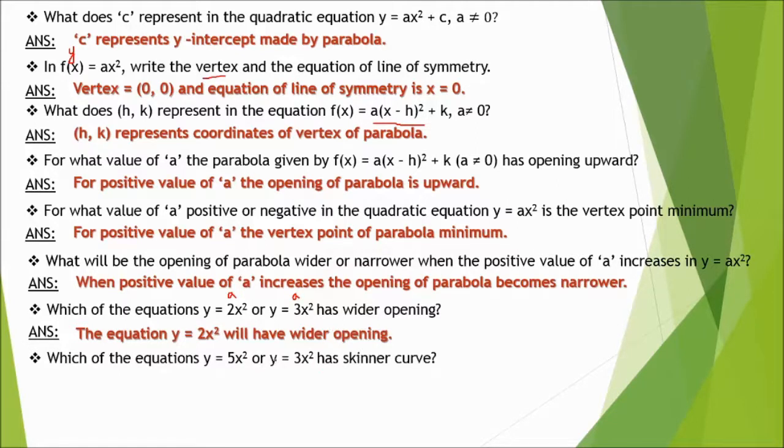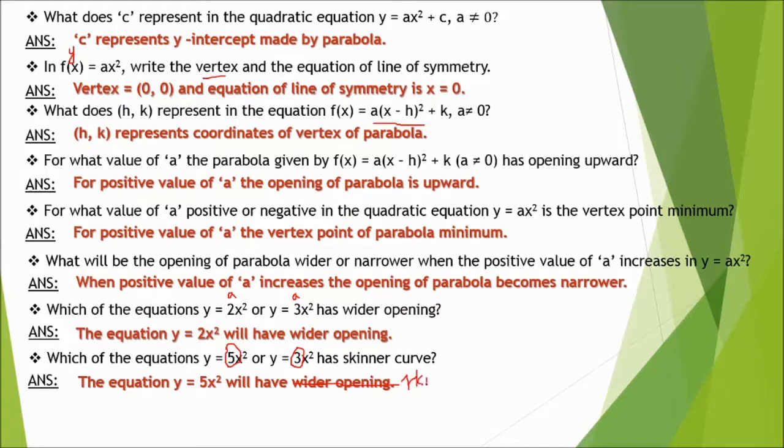Which equation has the skinnier curve, meaning a smaller, narrow opening? The value of a in this one is greater than in this one, so the first equation will have the skinnier, thin curve, narrower curve. Sorry, I copied the same answer from above by mistake; it will have the skinnier curve.